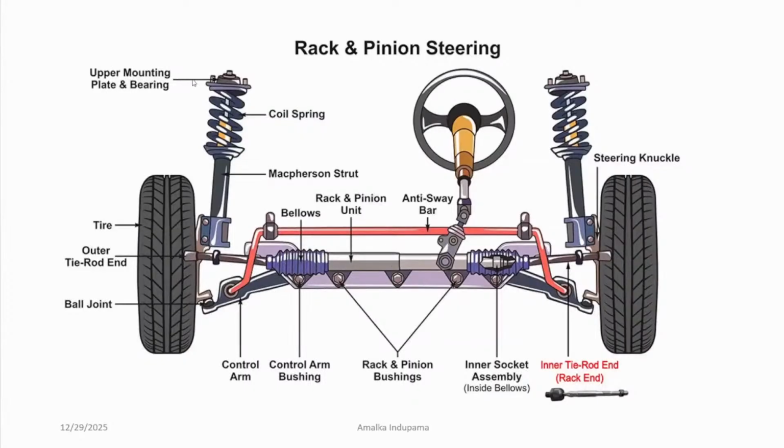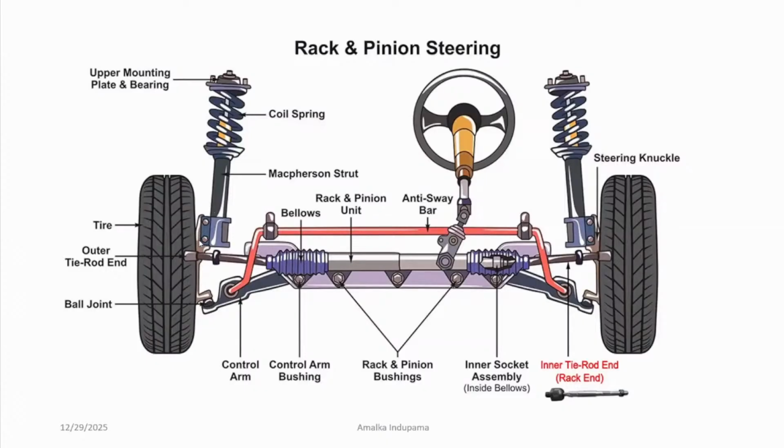So let me start from here. I was discussing that the steering system cannot be discussed alone. It's a combined system, combined with the suspension system. So these are the major suspension components with our MacPherson strut.